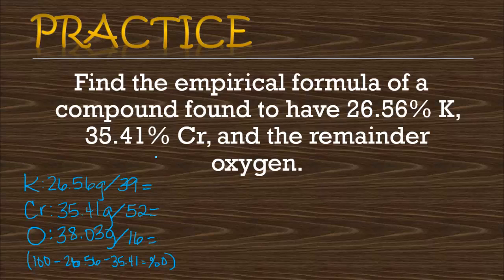So for potassium, we get 0.68 moles. For chromium, we also get 0.68 moles. And for oxygen, we get 2.38 moles.